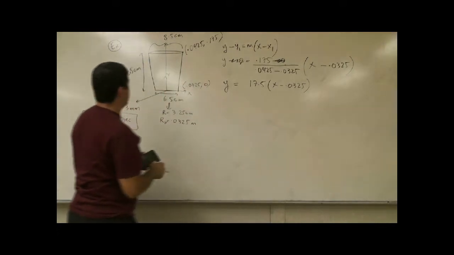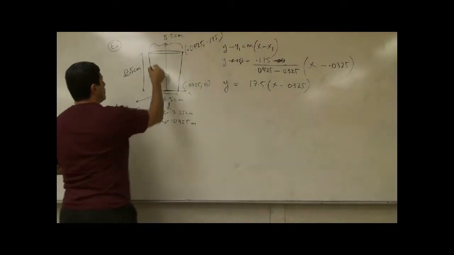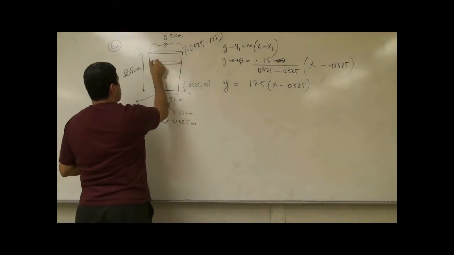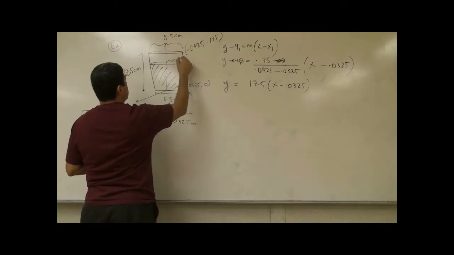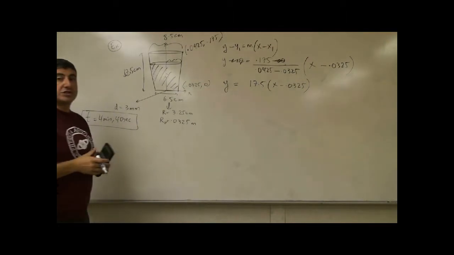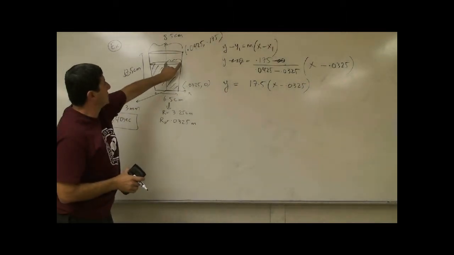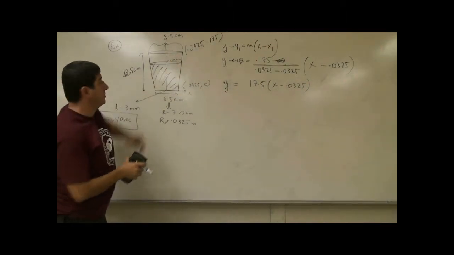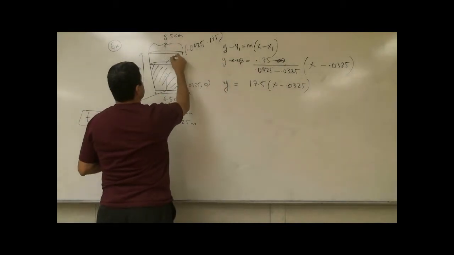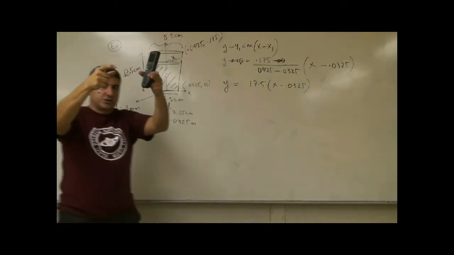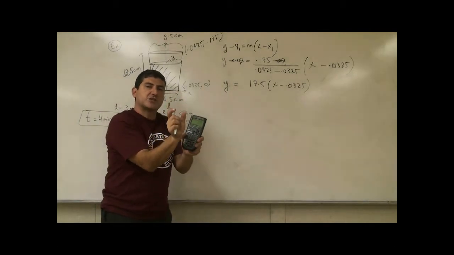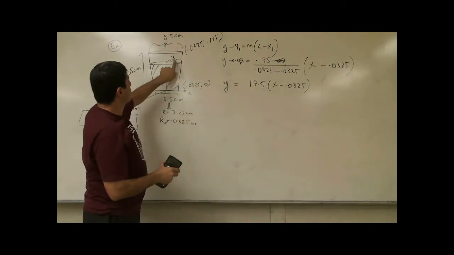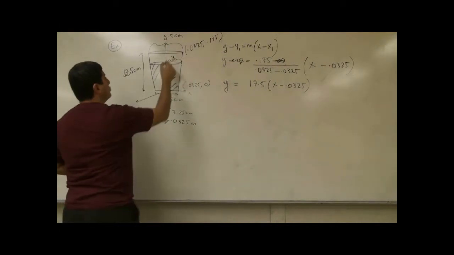What is my eventual goal? Well, my goal is to come up with an equation. If the column of water is at a certain elevation, I want an equation that describes the radius of the water at the top. What is the radius? It's actually the x value, right? As the water is draining, the radius of the column of water is getting less and less, and the radius is equal to the x value.